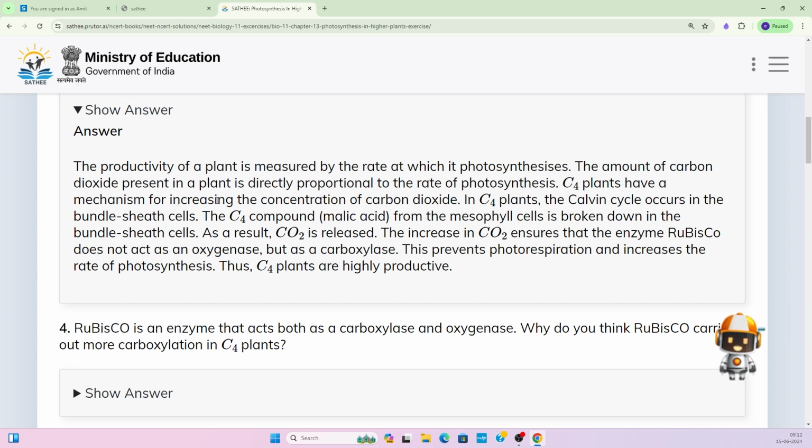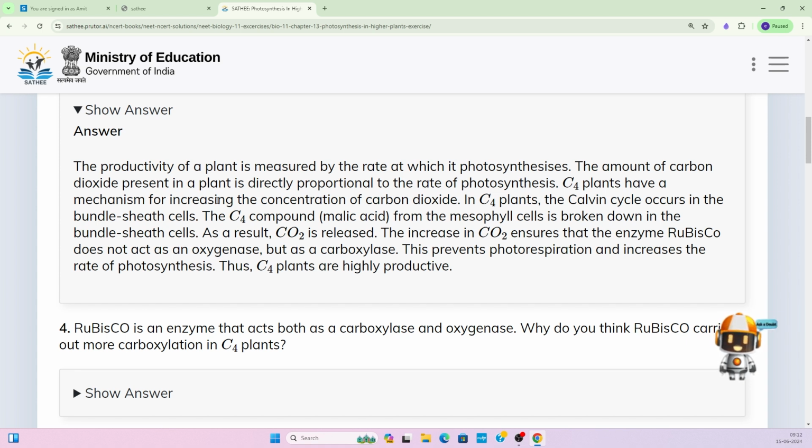This carbon dioxide that is released is taken by the Rubisco enzyme, which acts as a carboxylase for the synthesis of food. This prevents photorespiration, because oxygen is not here, and increases the rate of photosynthesis.